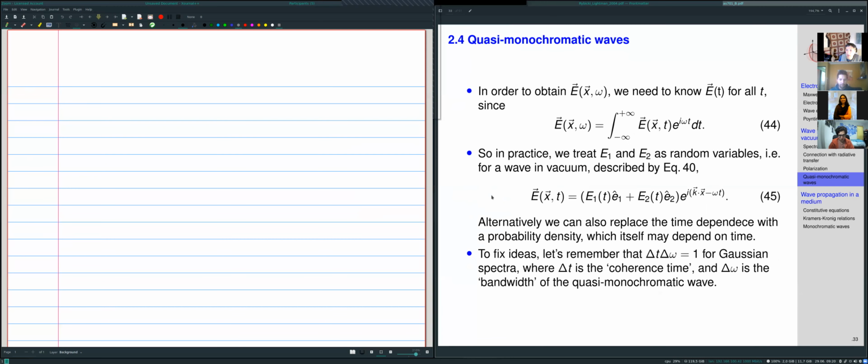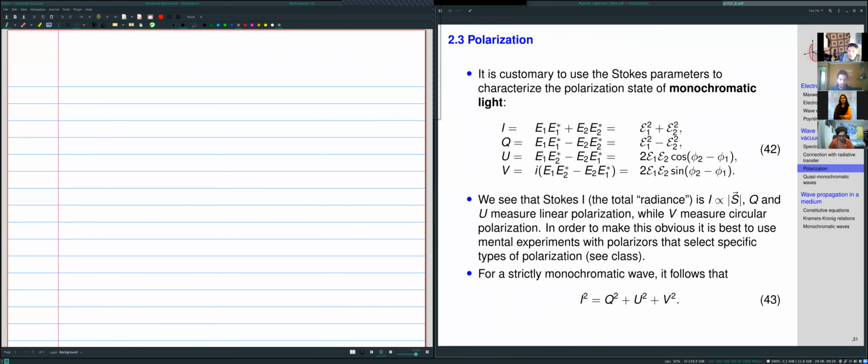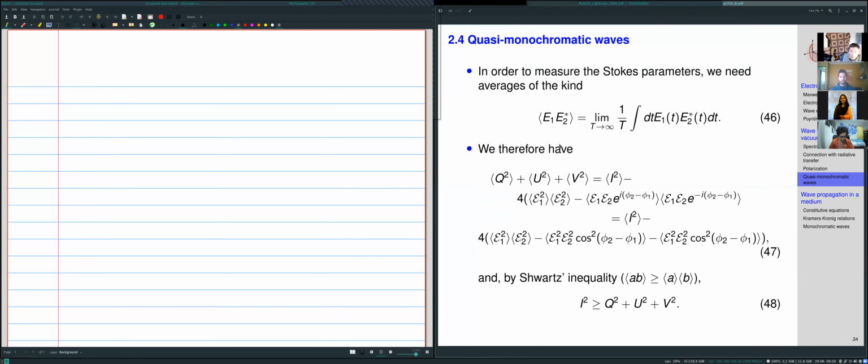Let me go back again for the definition of Q. Here it is. So we inject Q equals this thing, then U equals this thing, and V equals that thing. You just plug it in and compute Q squared, U squared, V squared, and you take the time average of it.